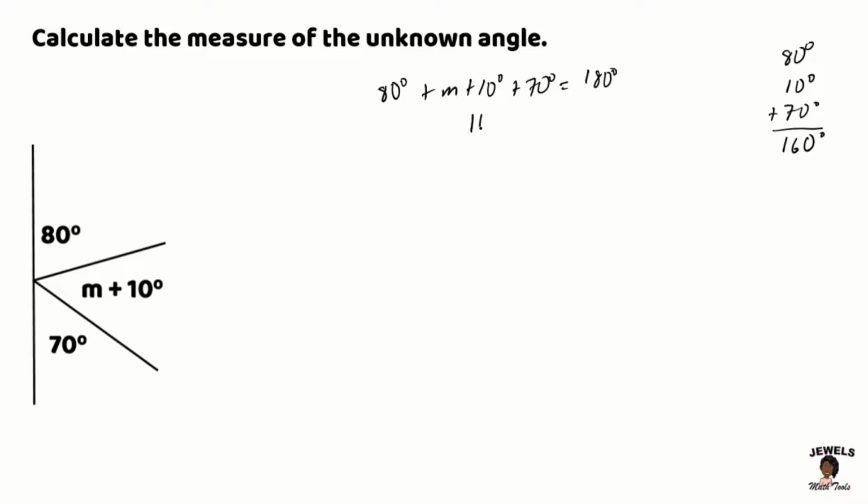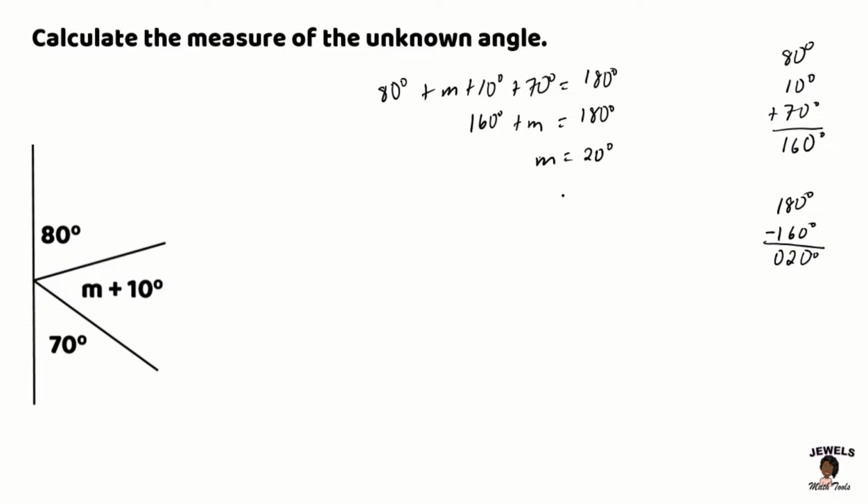So we have 160 degrees plus M should equal 180 degrees. Now I'm going to subtract the 160 degrees from my 180 to find out the measure that is remaining. 0 subtract 0 is 0, 8 subtract 6 is 2, and 1 subtract 1 is 0. So we found that our angle M is equal to 20 degrees.